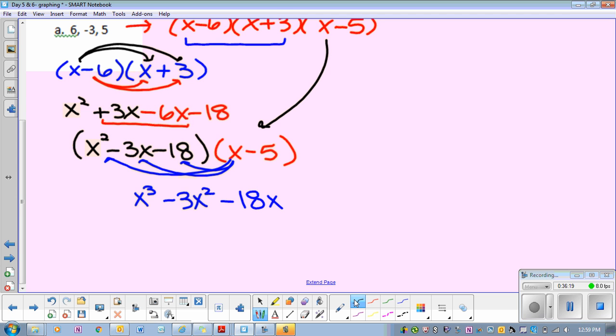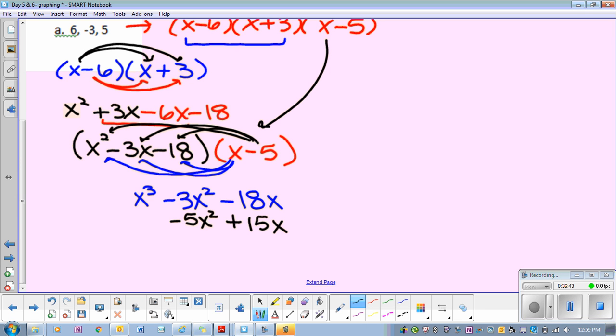I'm going to show you a way to organize your work a bit. Now you take this negative 5 and distribute it to everyone. What is negative 5 times x squared? Negative 5x squared. What's negative 5 times negative 3x? Positive 15x.